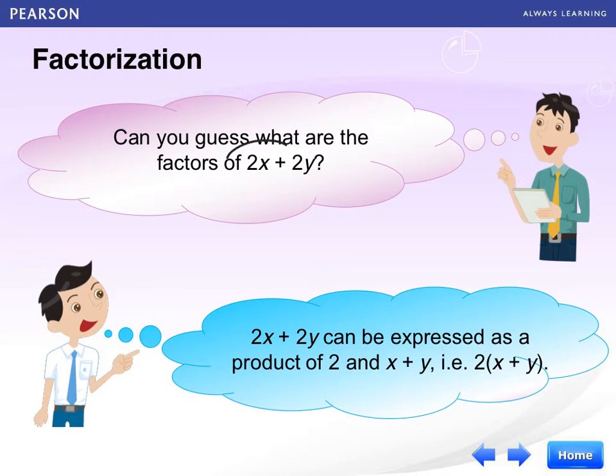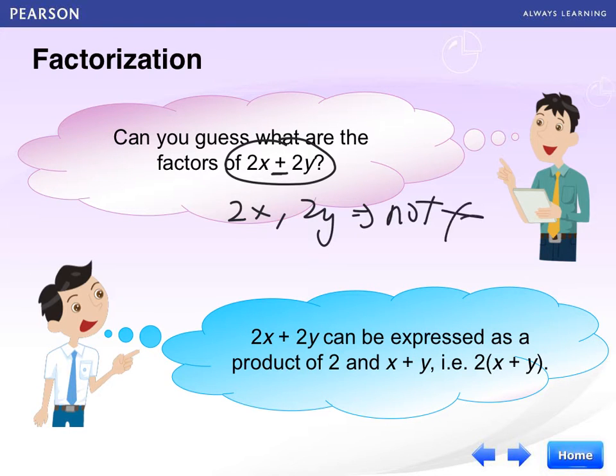But when we meet 2x plus 2y, because it's a sum, you know that 2x and 2y are not factors. To produce factors, you can take out 2, then x plus y.